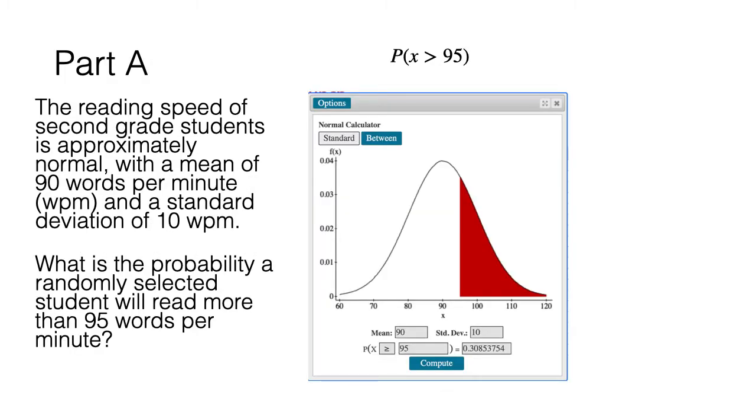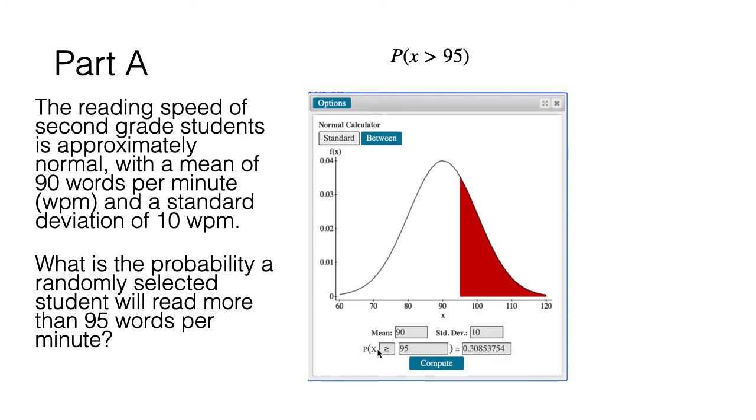For Part A, this is just asking what is the probability that X is greater than 95. Using StatCrunch, all we have to do is go to Calculators, Normal, just like you saw in the previous videos, and fill in the mean of 90 and the standard deviation of 10.